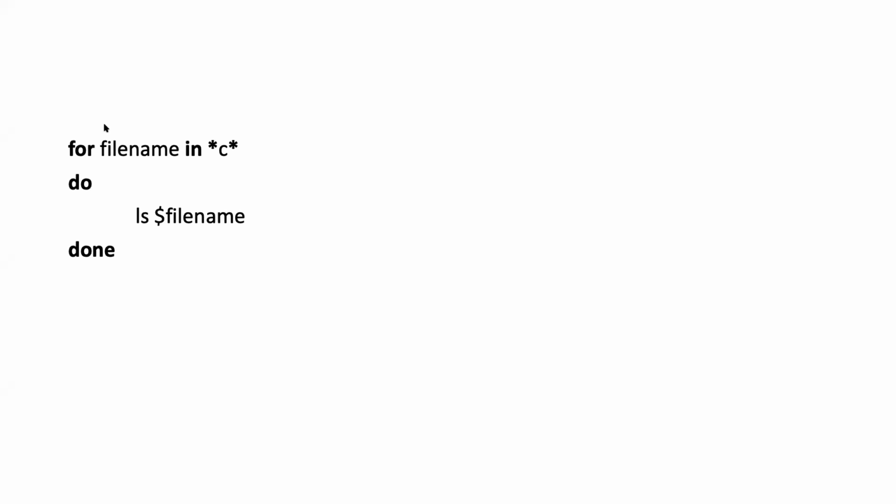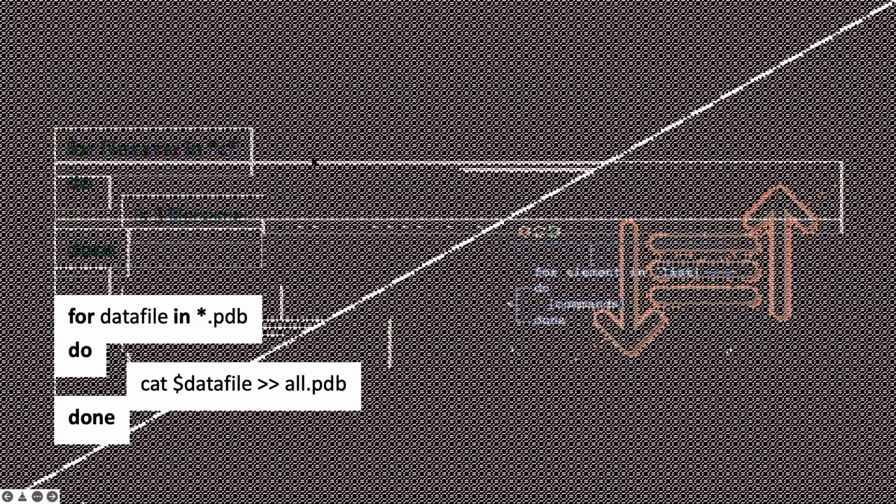Okay, for filename in C, you are iterating in C with the iterator filename, then you list all the file names in C. So in C, does it mean all files with C in the naming? Yes. Yeah, exactly, thanks, Kingsley. So every file in that folder that has C, then you want to loop through those files. All right, good. Next.